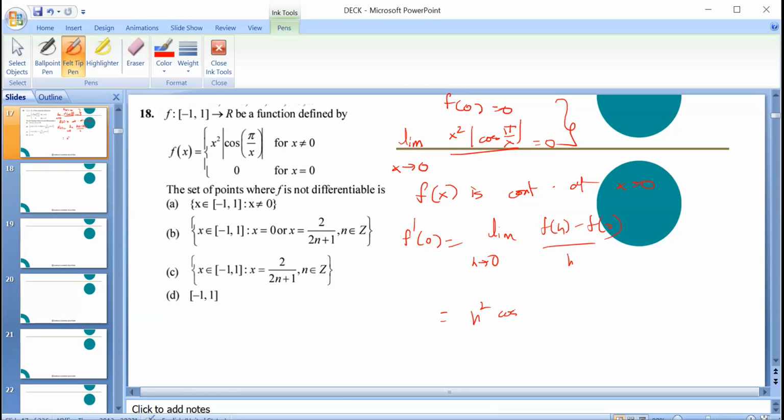X squared cos of pi by x. We will see the left derivative.